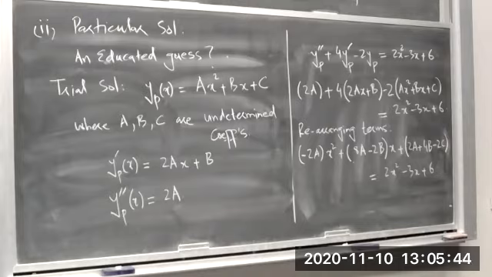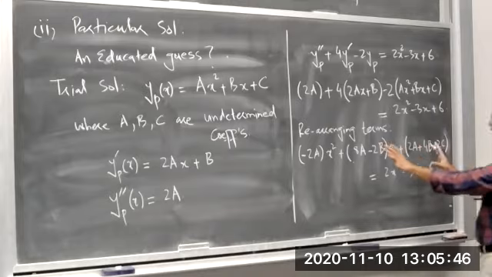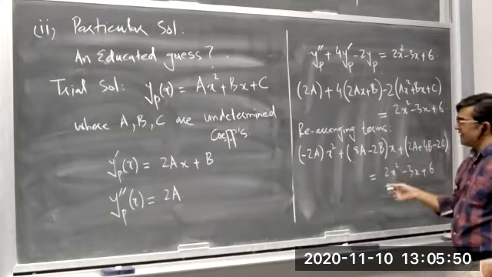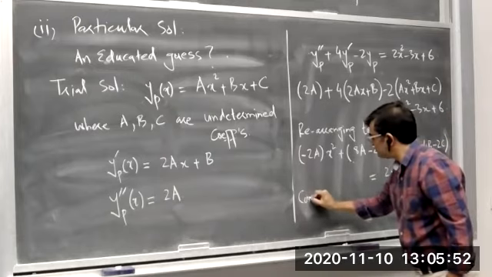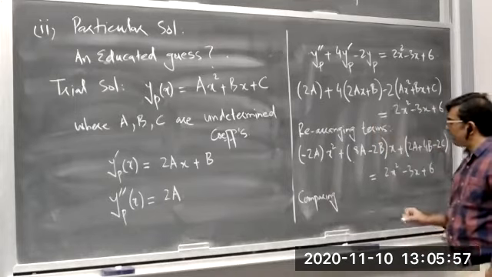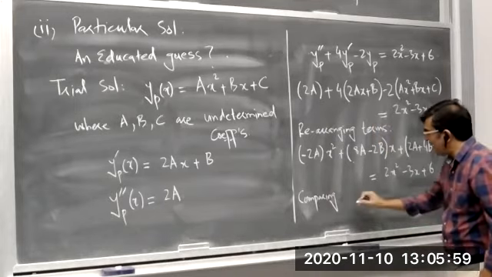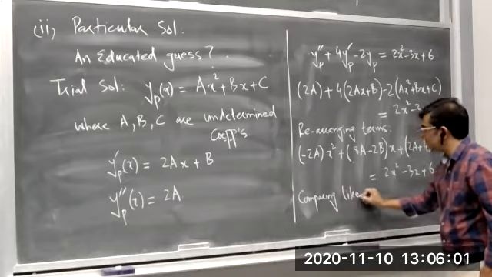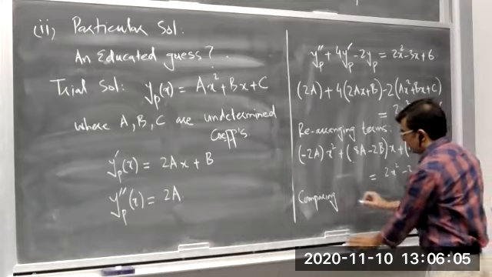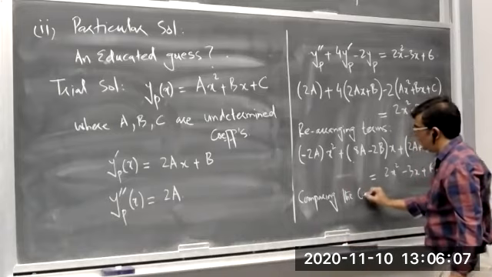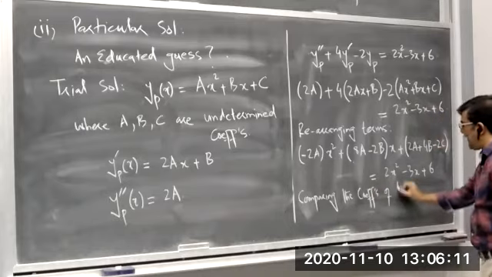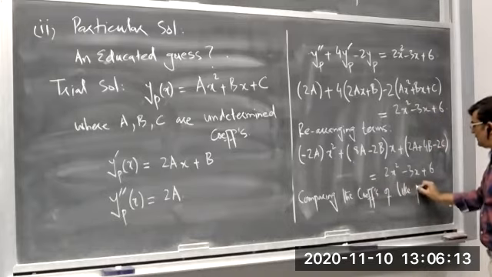Now we can compare both these sides. Now comparing both sides, or you can say comparing like powers of x, or same powers of x, comparing the coefficients of like powers of x.